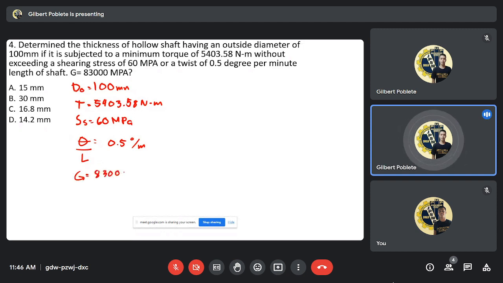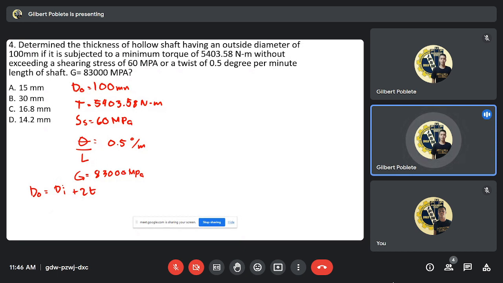So dito magagamit natin ang formula natin, hanapin is determine the thickness of the hollow. So hanapin natin yung thickness. So ang formula ng thickness natin is diameter of the outside is equals to diameter inside plus 2t. And makuha natin siya dyan. Kaso wala tayong inside diameter.